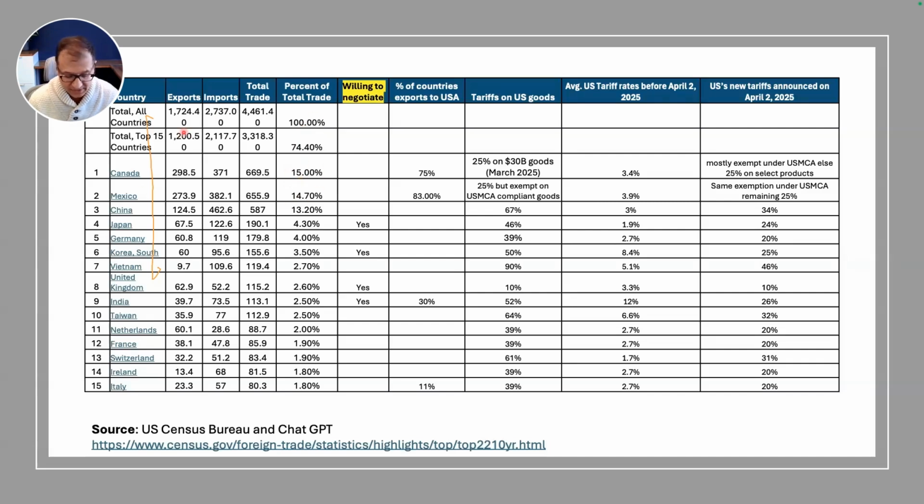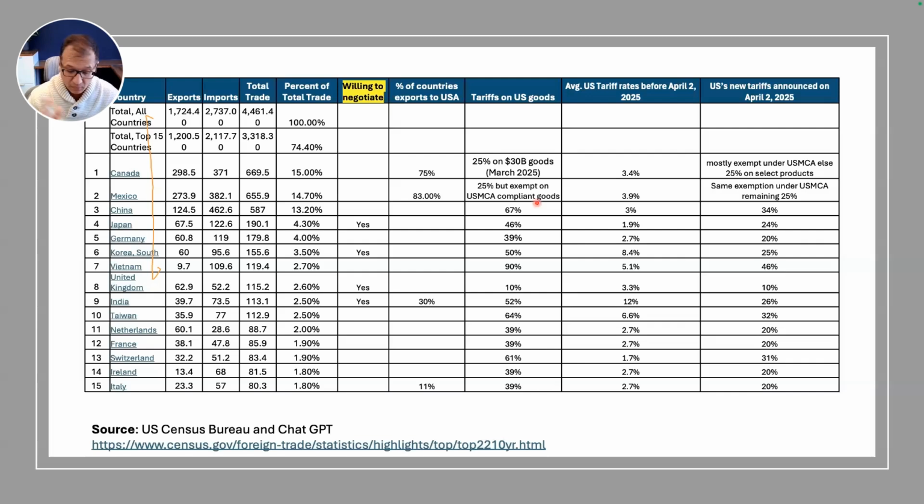And by the way, these numbers are as of 2022. This was what was available on the US Census Bureau's website. But the real numbers are going to be very similar, as of now.